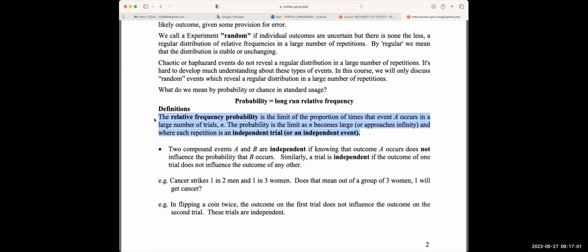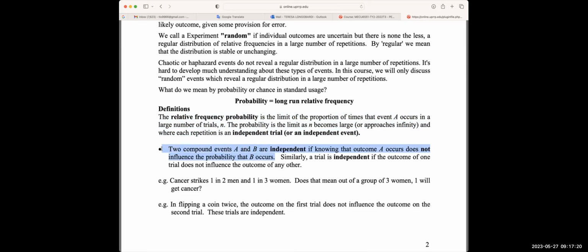So we refer to events, for instance, I'll just take 2, I'll call one A and the other one B, and I say that they're independent if knowing the outcome A occurs does not influence the probability that the second event occurs.